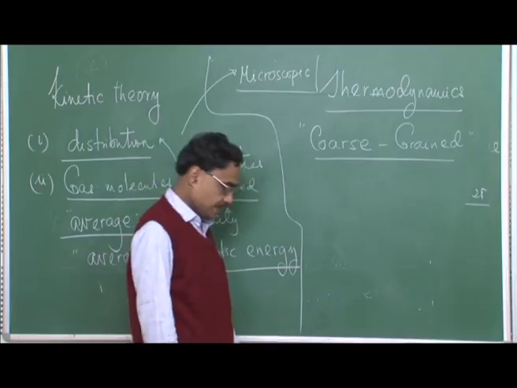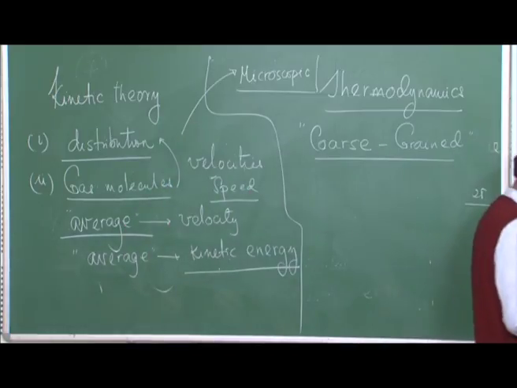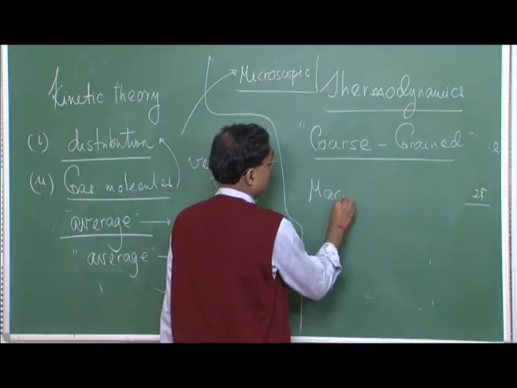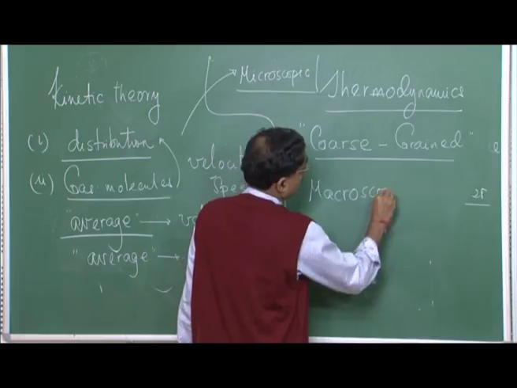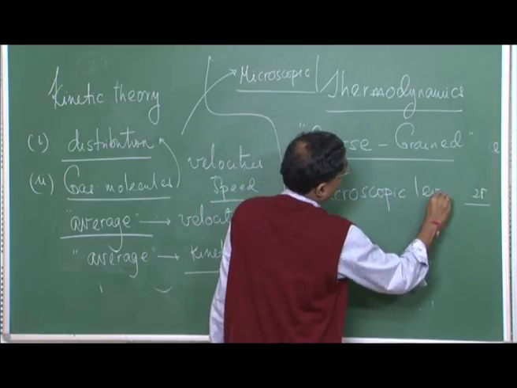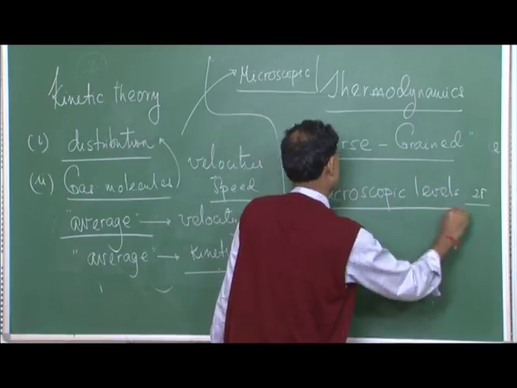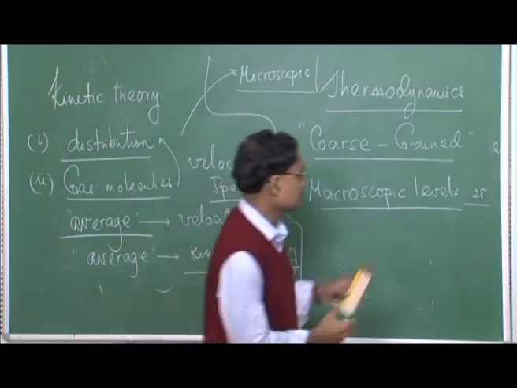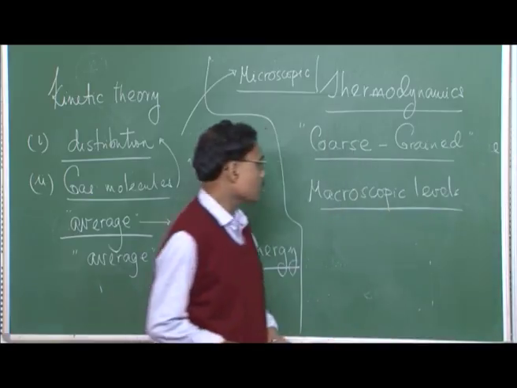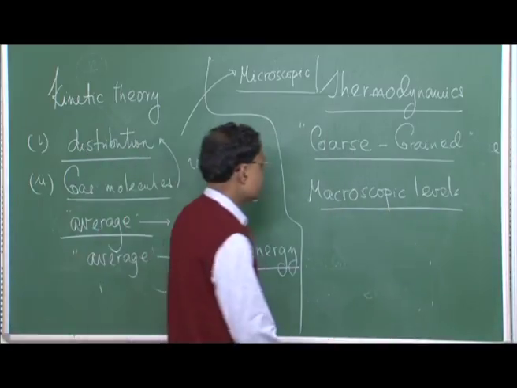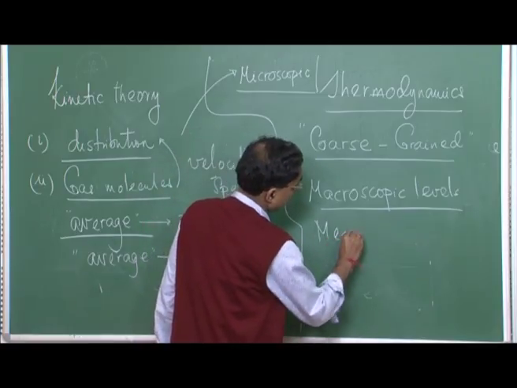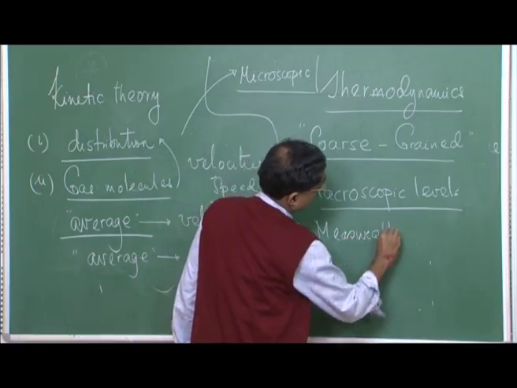Coarse graining means I do not look at the molecular level, rather I look at macroscopic levels. In the macroscopic level, I will just consider the measurable quantities.